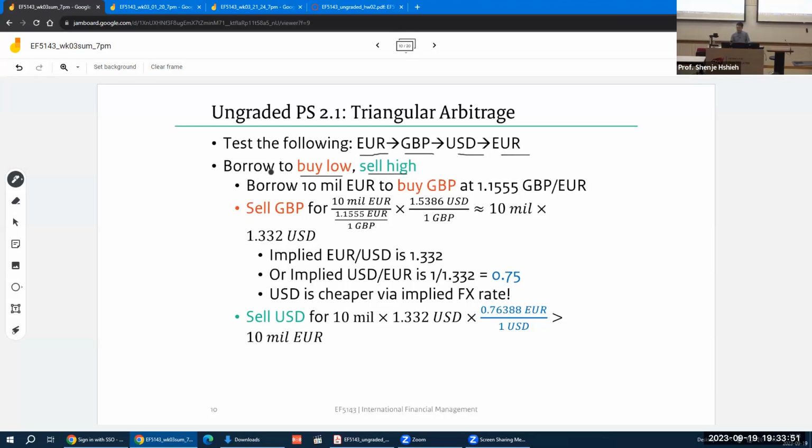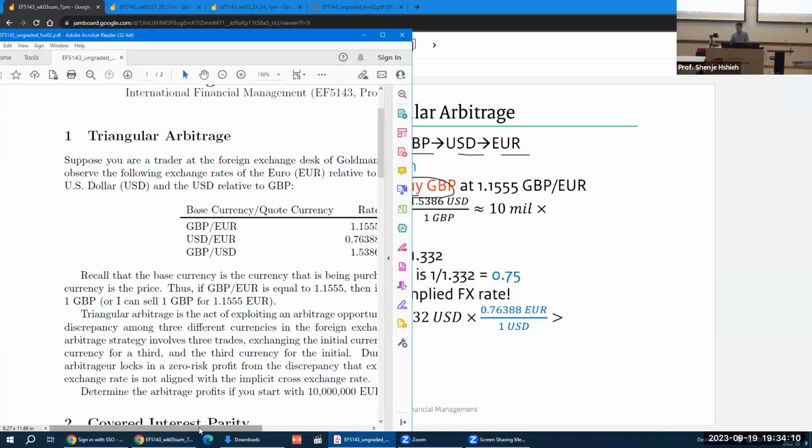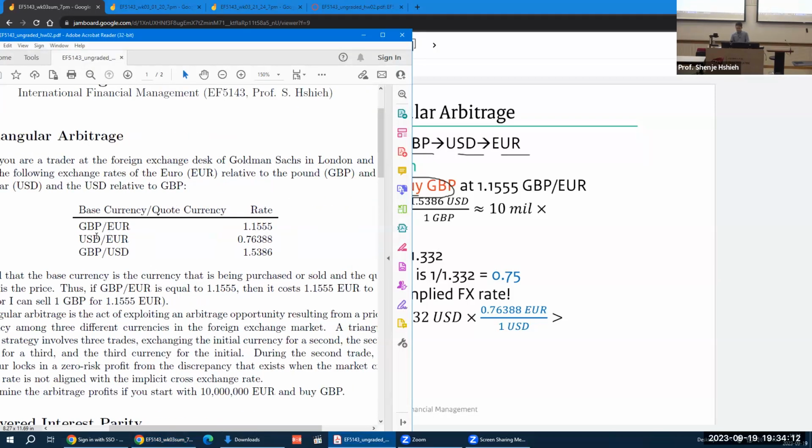Okay, so I'm going to use the intuition that I presented to you just a few minutes ago. I'm going to borrow the base and try to sell it at a higher price. Okay, so suppose I borrow 10 million euros and I'm going to use it to buy British pounds. And let's look at the exchange rate here.